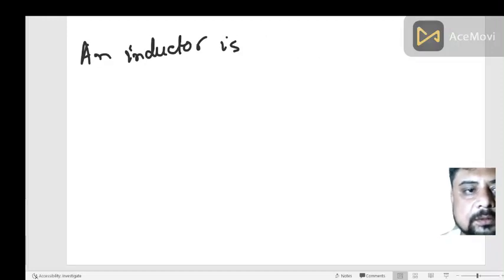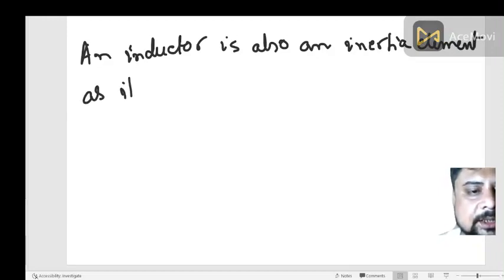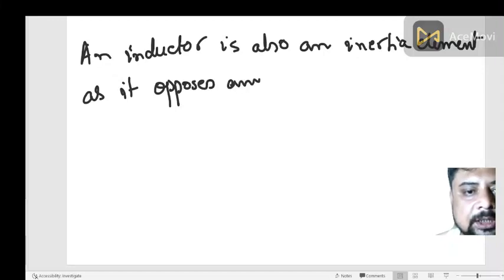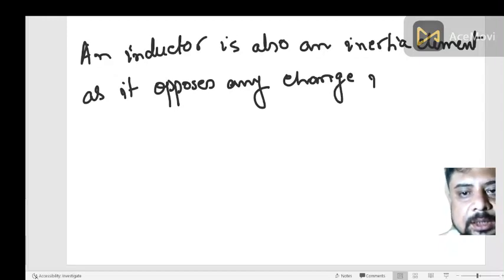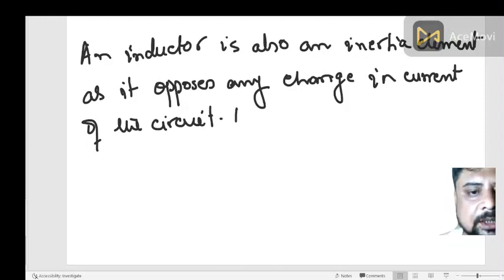An inductor is also an inertia element, as it opposes any change in current in the circuit.